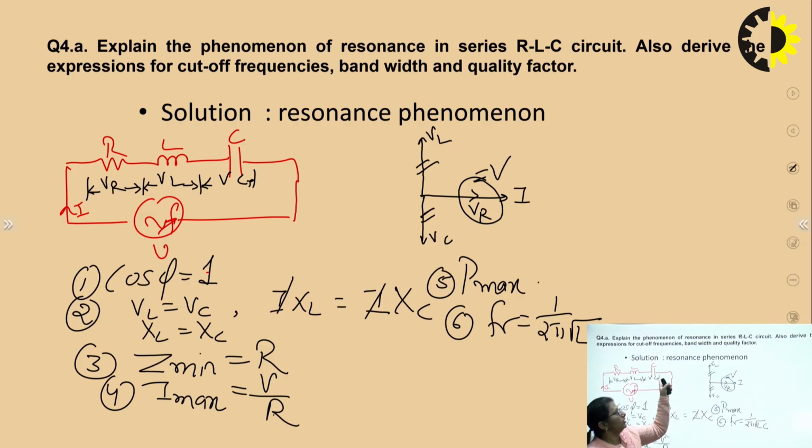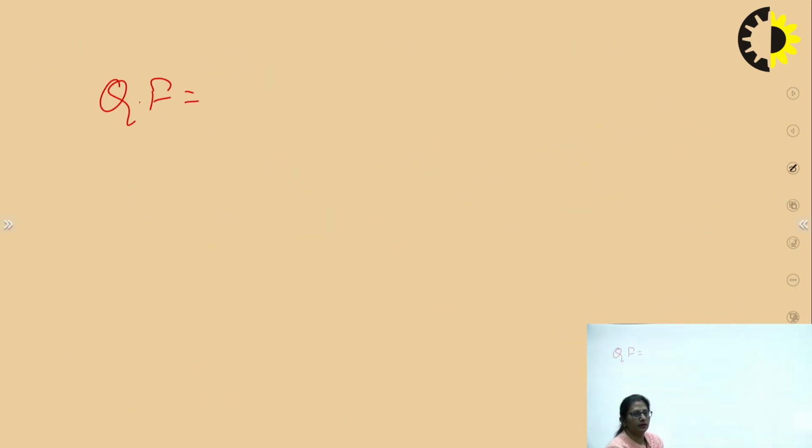But both of these are in antiphase, so they are going to cancel out each other. They are in antiphase, but the magnitude of the voltages across inductor and capacitor are many folds greater than the supply voltage, right, as the current becomes maximum. So, the voltage magnification which is occurring across either the inductor or the capacitor, because both the voltages are same, right, that is defining the quality factor for a series resonant circuit, right.